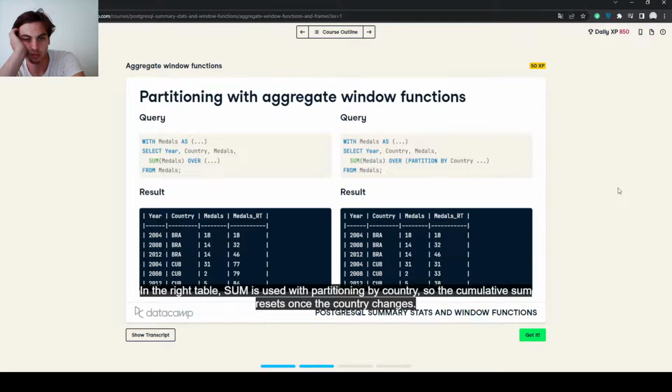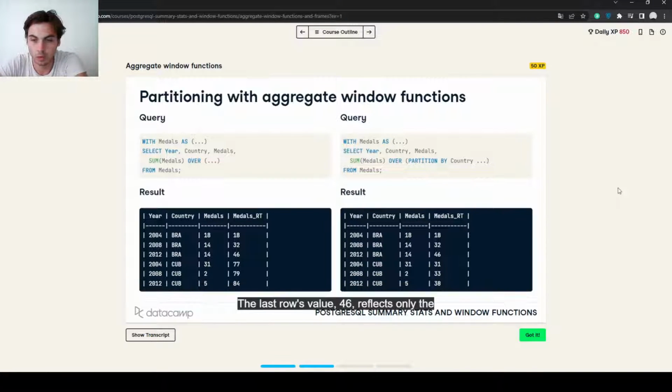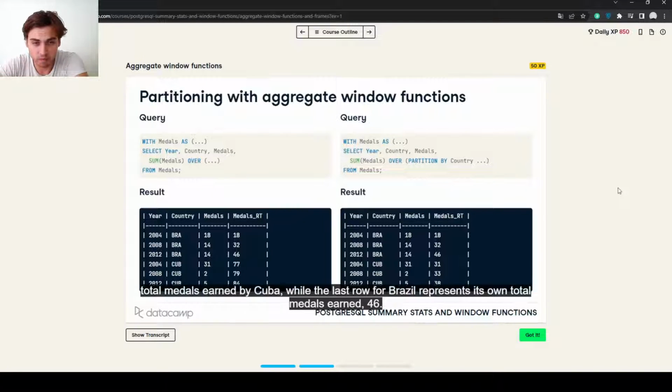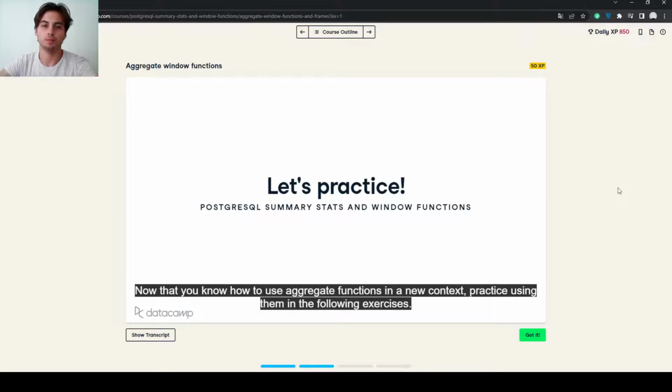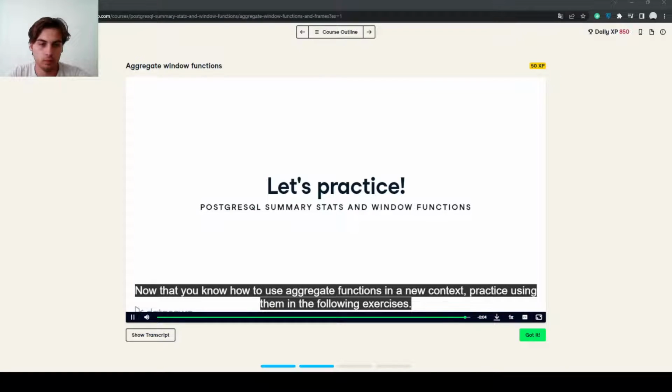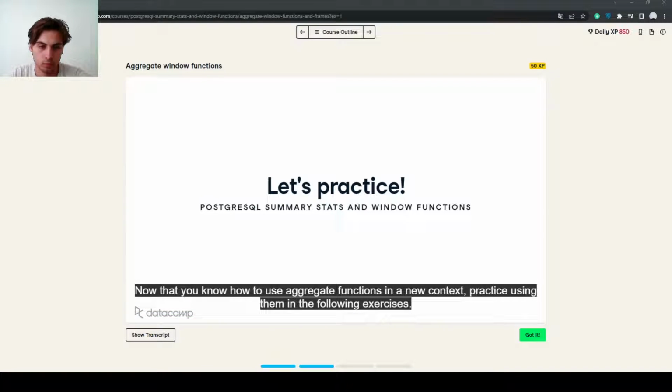In the right table, sum is used with partitioning by country, so the cumulative sum resets once the country changes. The last row's value, 46, reflects only the total medals earned by Cuba, while the last row for Brazil represents its own total medals earned, 46. Now that you know how to use aggregate functions in a new context, practice using them in the following exercises.